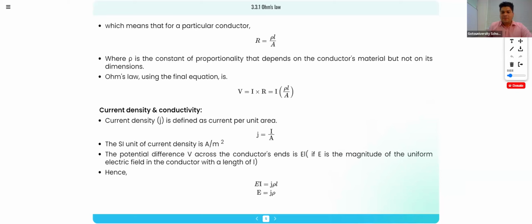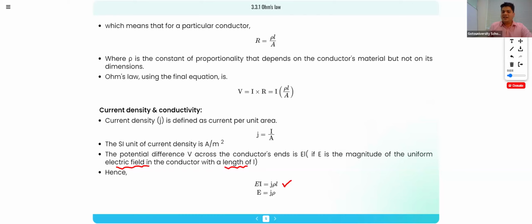We have a formula that EL is equal to J rho into L. What is E? E is the magnitude of the uniform electric field. What is L? Length of the conductor. What is I? Current. What is J?